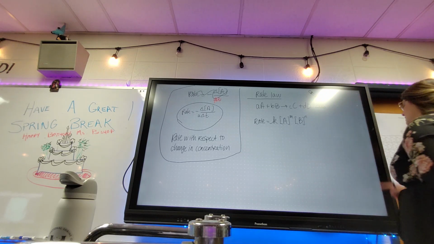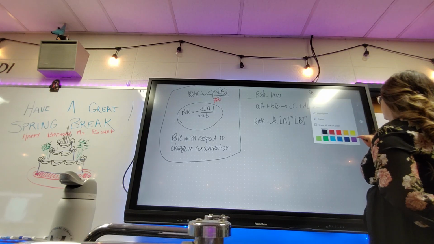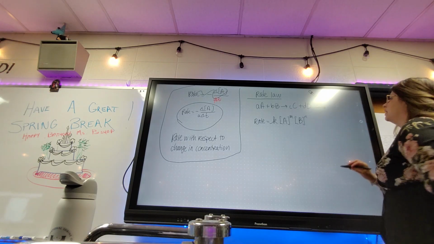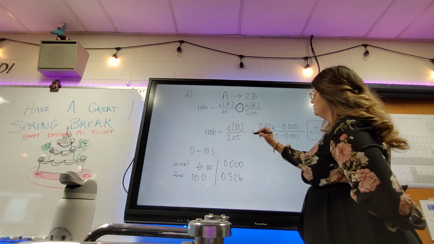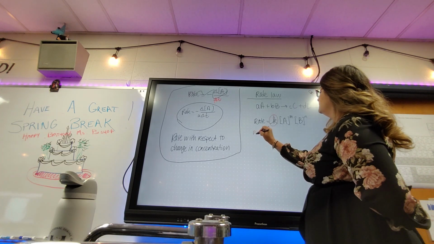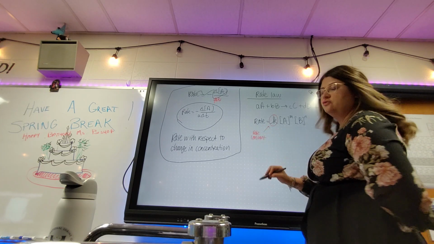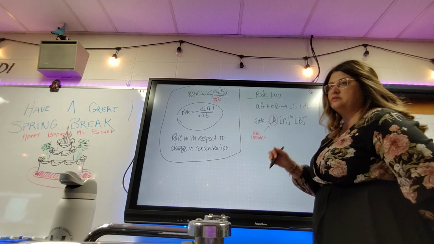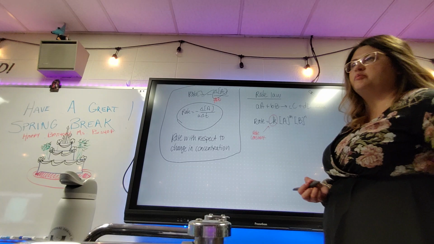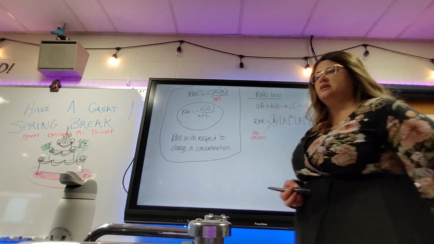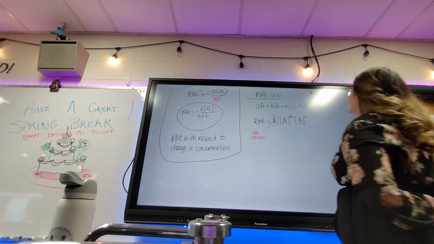Rate is equal to K times concentration of A to the M power times concentration of B to the N power. K is called the rate constant, and it has its own value for every chemical equation. The old man scientists who have their work published in the chemistry Bible have all calculated these rate constants for all the known equations.